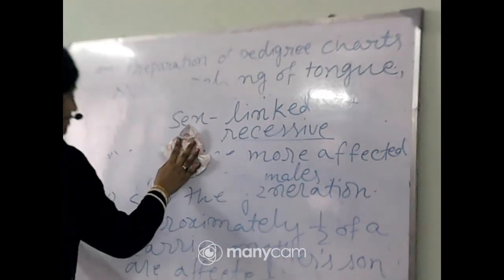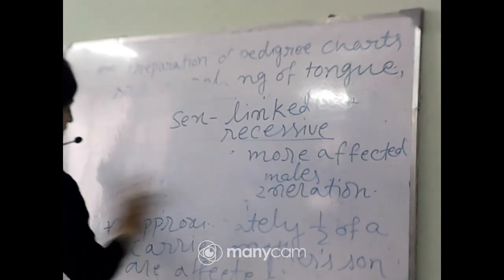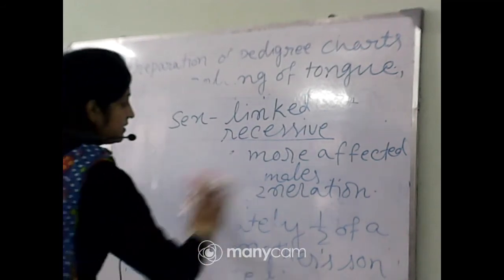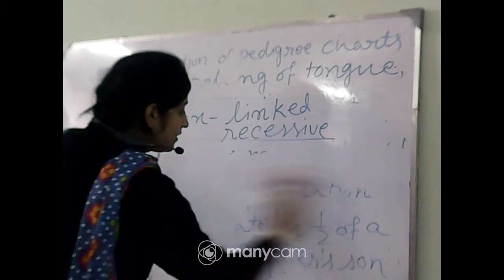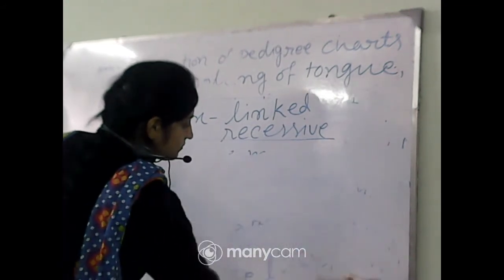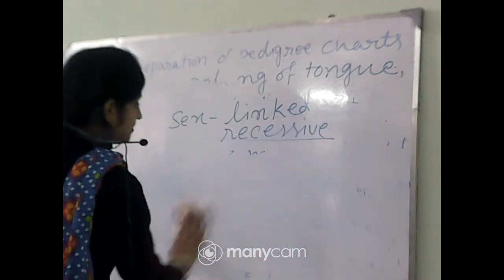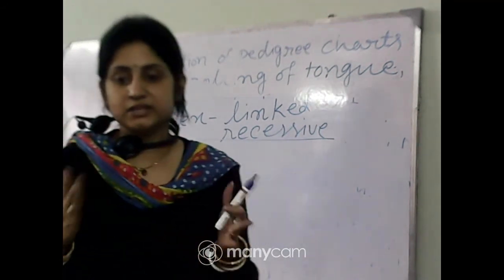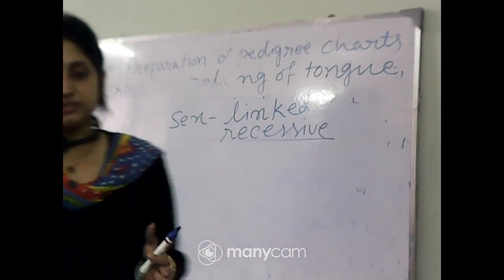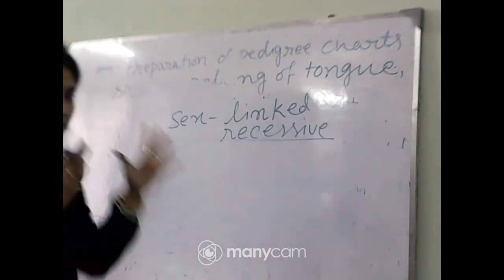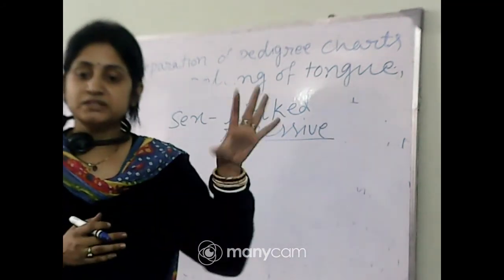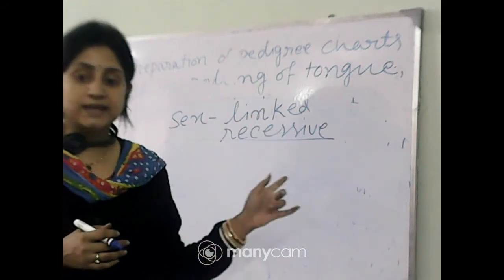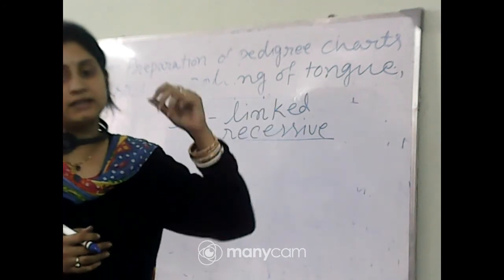when sons are affected, mothers are carriers, and because it is sex linked, when daughters are affected, fathers are carriers. This is the unique feature of the recessive and sex linked, not recessive or dominant. Recessive and dominant: dominant never skips the generation, recessive skips the generation. But with autosomal and X linked, autosomal means male and female both are almost equally affected, but when sex linked, either females are more affected or males are more affected.